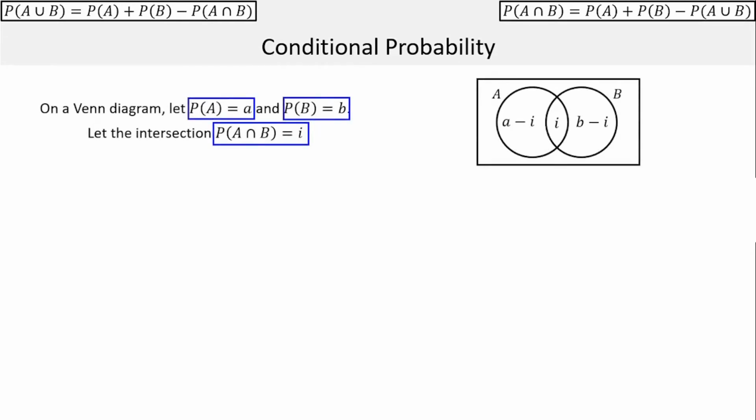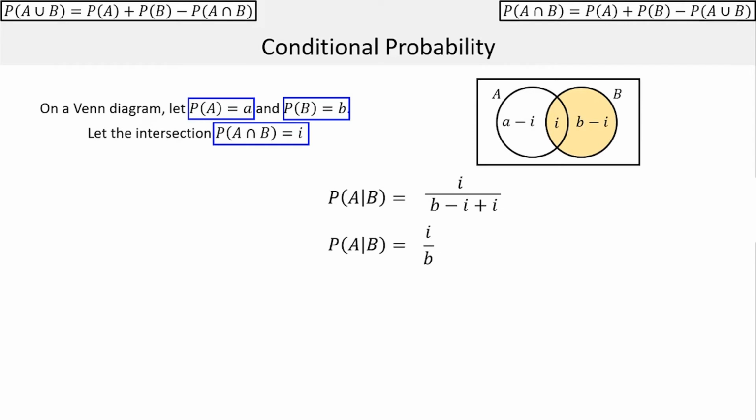Okay, let's come back to this situation. See if we can find another formula. So, if we were looking for the probability of A given B, we know that we're initially interested in only set B. And from there, we want to know how much of that region is actually within set A. So, in this case, the denominator is going to be B minus I plus the I, and the numerator, the region of that is within set A is just I. We can tidy that up a bit with some simplifying, and we just get I over B. Okay, let's do the same as we did before.